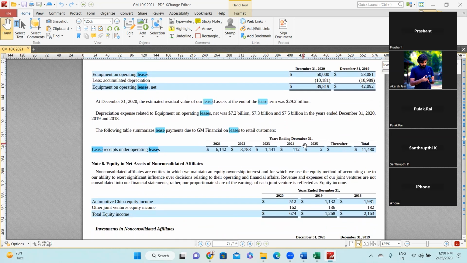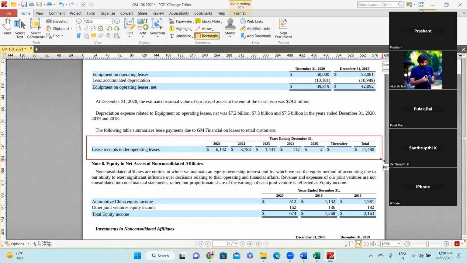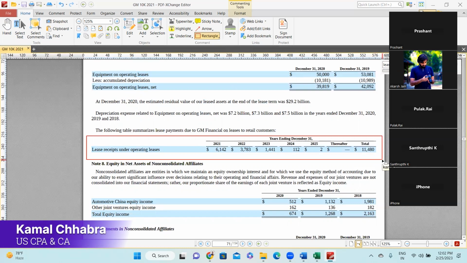So this 5-year disclosure, if you see 21, 22, 23, 24, 25, and thereafter, shows how much they are expecting. This is the kind of disclosure I was saying is required. Everyone agree? Comfortable?